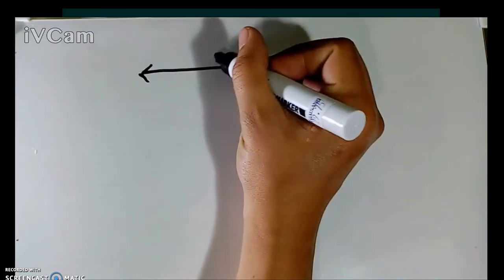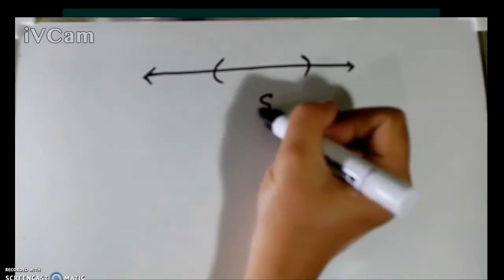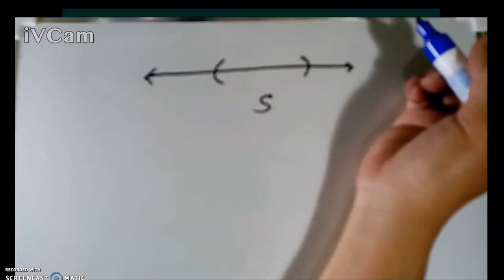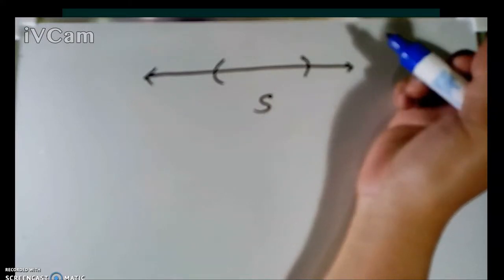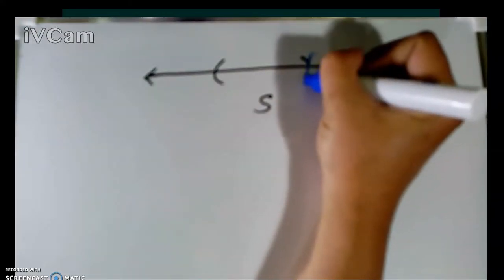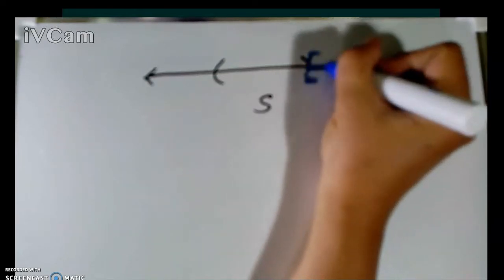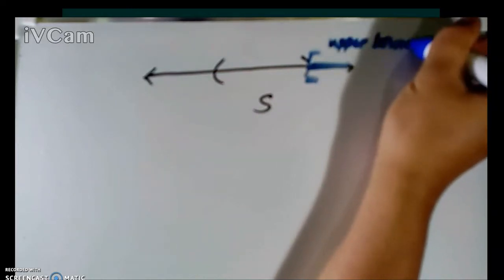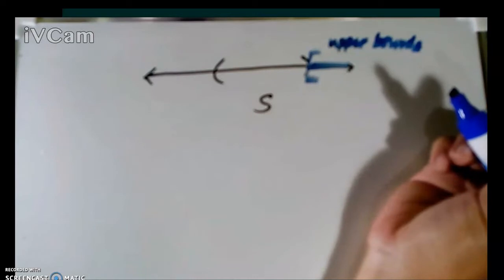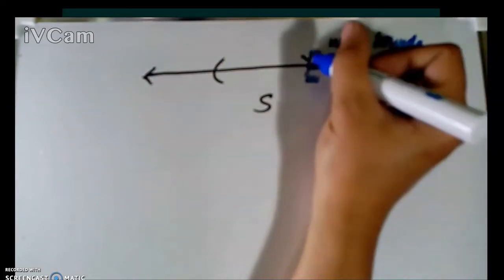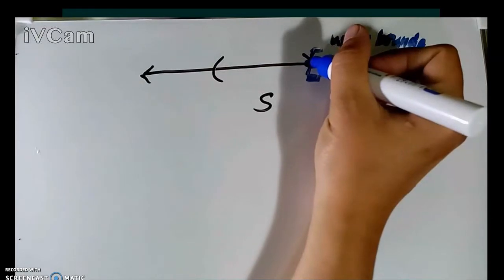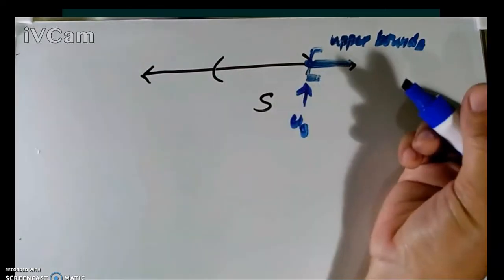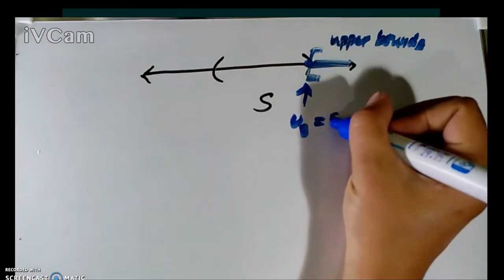Then, say for example, this is the set S. Now, upper bounds for S are values greater than or equal to any element of S. So, these are the upper bounds for S. And the least upper bound or the supremum of S is the smallest of all the upper bounds of S. We denote that as U sub 0 in our definition, and this is the supremum of S.